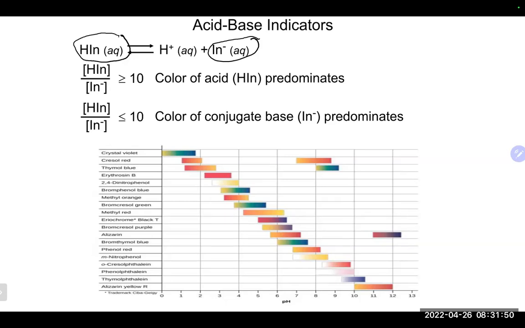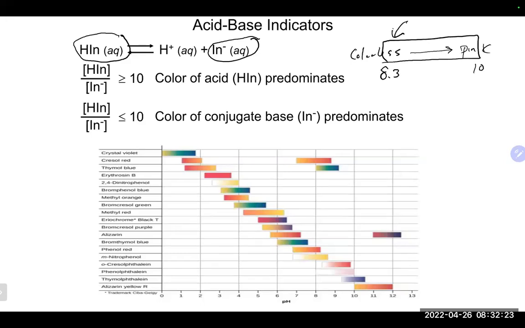Each indicator typically has a color in the acidic and basic range. And what that means is over whatever pH range it works for. So for example, phenolphthalein is like 8.3 to 10. And in the 8.3 range, which would be considered the acidic range for this indicator, if you will, it is colorless. And then obviously, as we know, it gradually turns to pink as you head to a pH of 10.